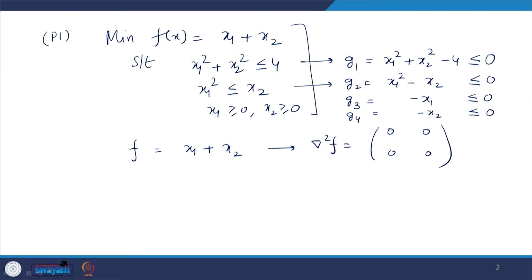So, how many constraints do we have in this problem? We have 4 constraints, and if all the 4 constraints are convex, and the objective function has already been shown to be convex, then we can say that this problem is a convex programming problem. So, let us see the first constraint. The first constraint is G1, and what is G1?